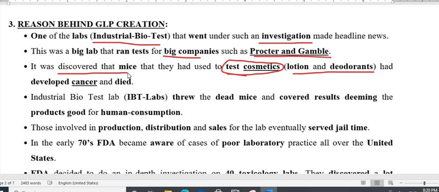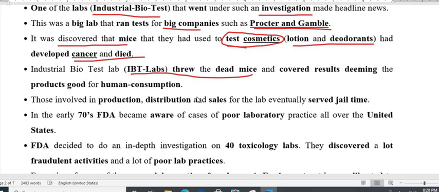The result showed that because of the use of that test cosmetic, the mice died of cancer. But even so, the IBT lab discarded the mice and gave a good result in favor of Procter and Gamble, and told them the product was safe for human consumption.